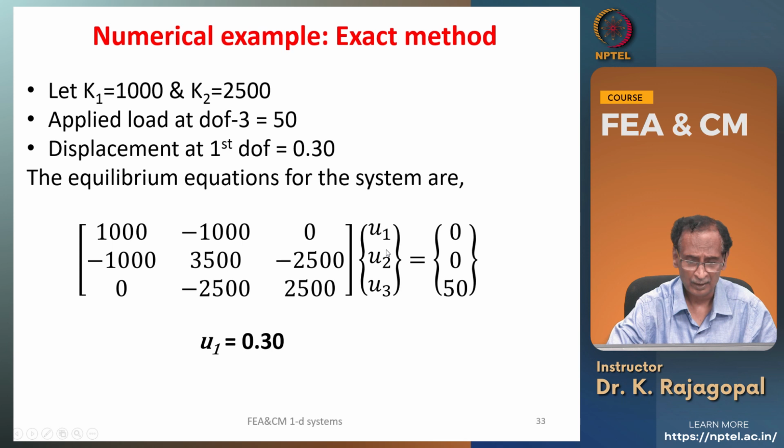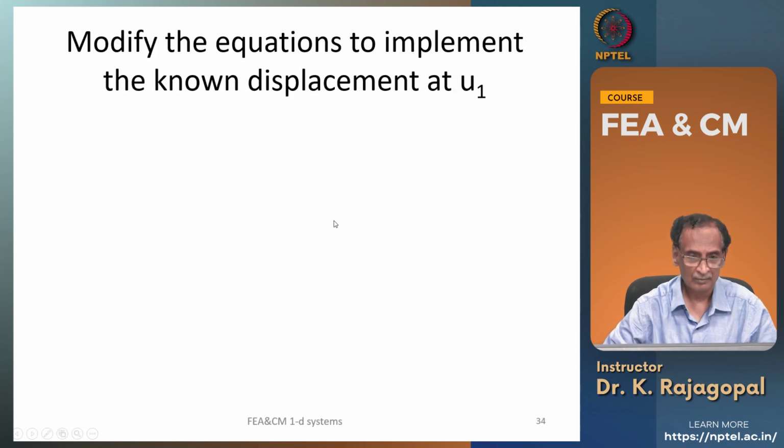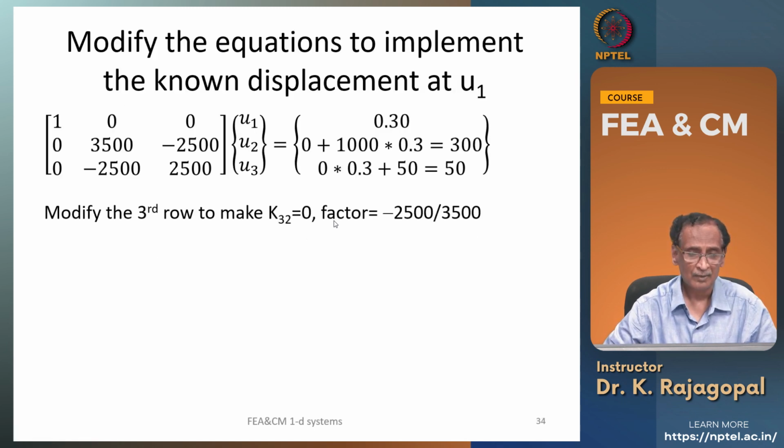And here we know that our U1 is 0.3, and the known quantities we can take to the right hand side, and here it was minus 1000. So minus 1000 times 0.3, if you send it to the right hand side, you get 1000 times 0.3, that is 300. And then at degree of freedom 3, we have applied a force of 50.